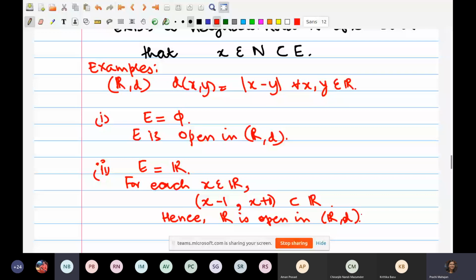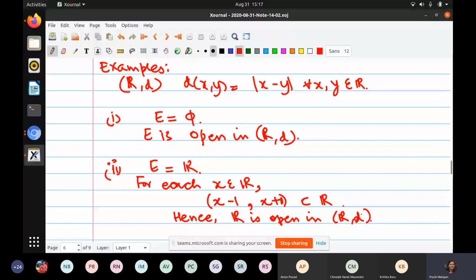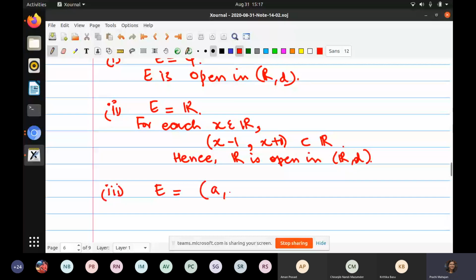The next example is, let's take E to be the open interval (a, b). So I have a point a and a point b, and I'm asking about the open interval (a, b).